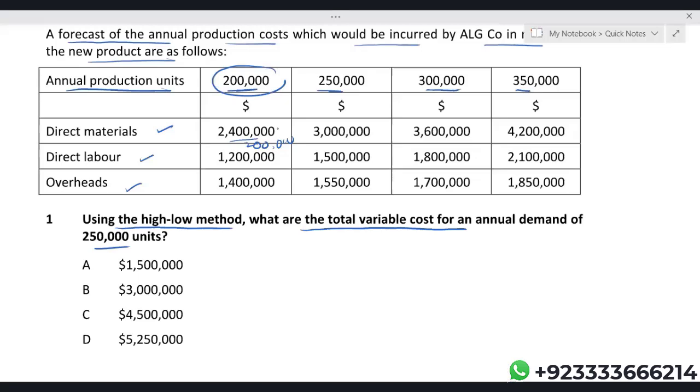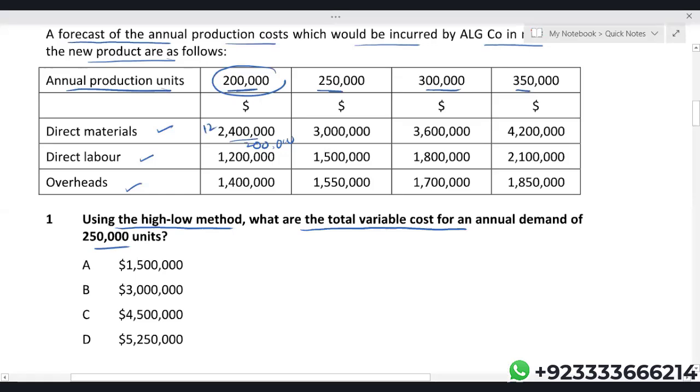The definition of variable cost is that it remains the same on a per unit basis but varies on a total basis. So 2.4 million divided by 2 lakh, I'm getting a variable cost of material of 12 per unit.